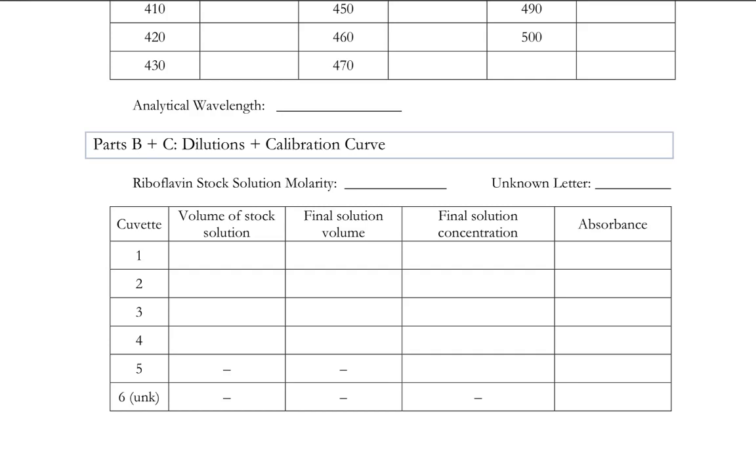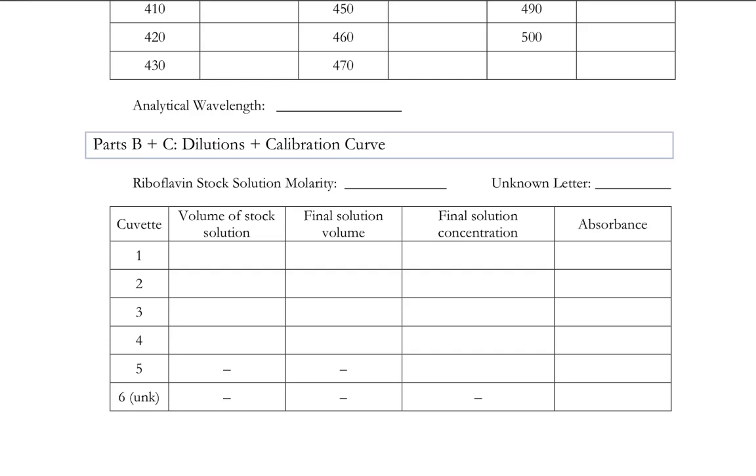So from the V1, volume of the stock solution, V2, the final volume, you will calculate the final solution concentration using, as we talked about earlier, M1, that's the stock solution molarity, times V1, the volume of the stock solution for the given cuvette, and you will divide that by the final volume, which is 10 mLs, always 10.00 mLs.